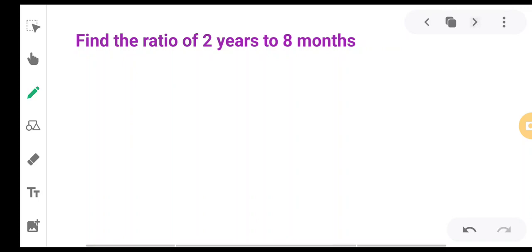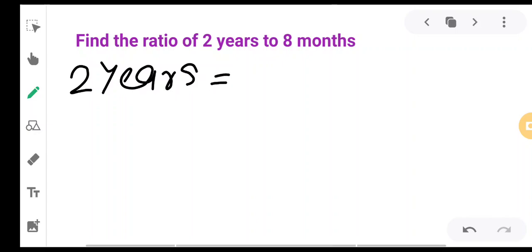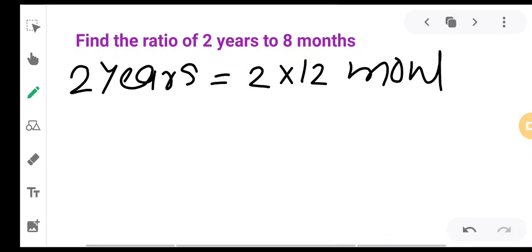So we convert 2 years into months. So 2 years equals 2 multiplied by 12 months, as you know that in 1 year there are 12 months. So we convert 2 years into 24 months.